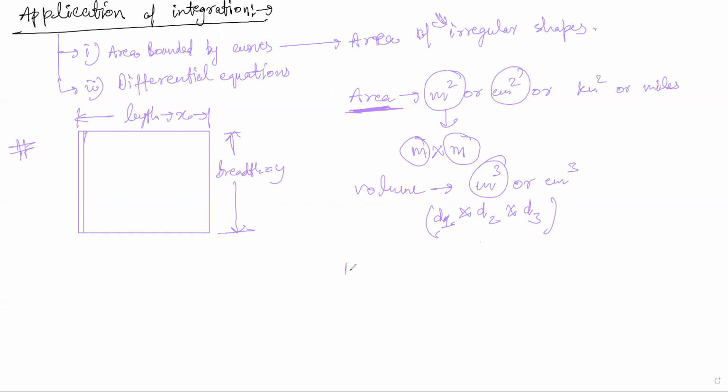Let's say for a cuboid, I already have these three distances: one is length, one is breadth, and one is height. In case of a cube, all three distances become the same, because whatever your length is, your breadth and your height will be the same for that cube. So all of the distances become A. That is how you calculate area and volume.